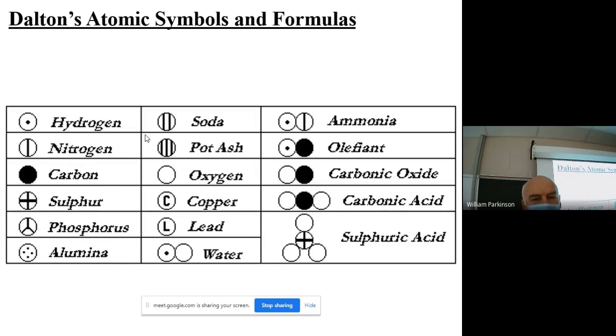Notice, of course, the symbol for hydrogen is a circle with a dot, and notice the symbol for oxygen is just simply a circle. Then look at the bottom, and notice what the symbol for water was. The symbol for water was a combination of hydrogen with oxygen.